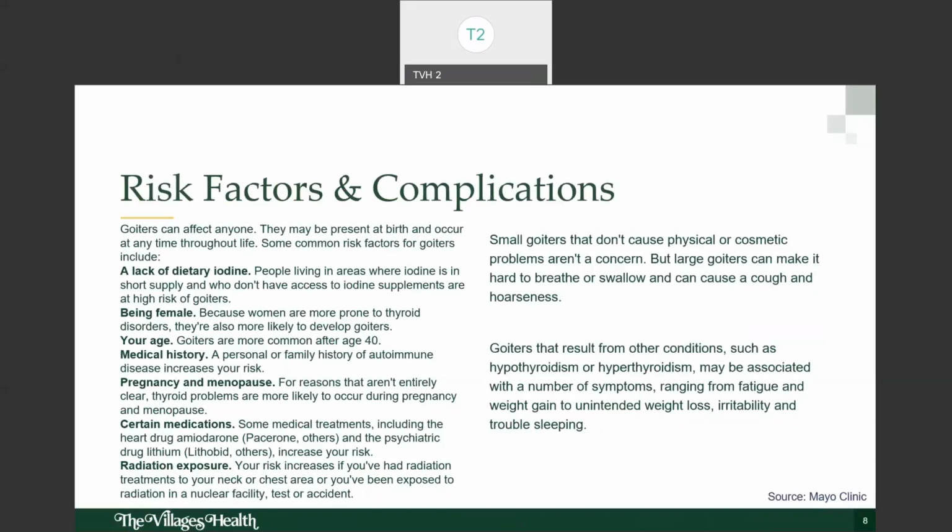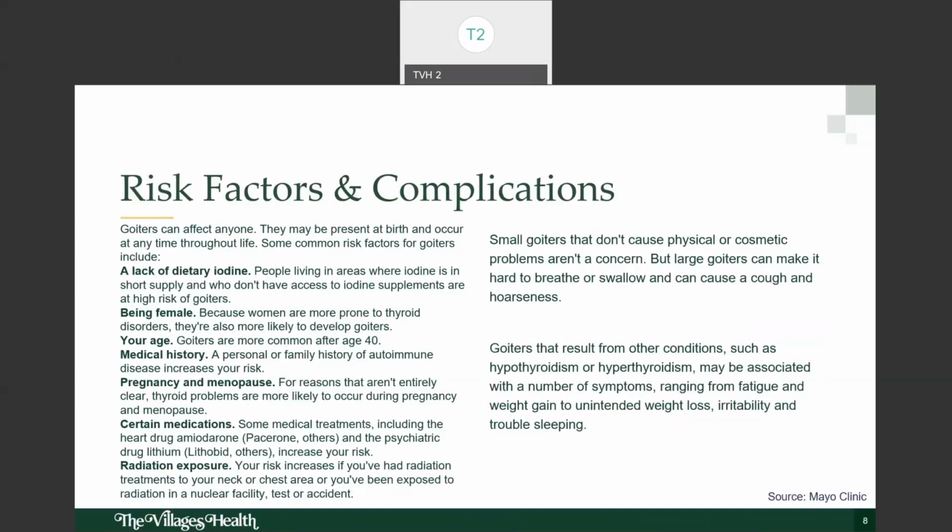Another risk factor is having radiation exposure. So your risk for developing a goiter increases if you've had radiation treatments to your neck or chest area, or if you've been exposed to radiation in a nuclear facility, test, or an accident. Now, small goiters that don't cause physical or cosmetic problems usually aren't a concern.